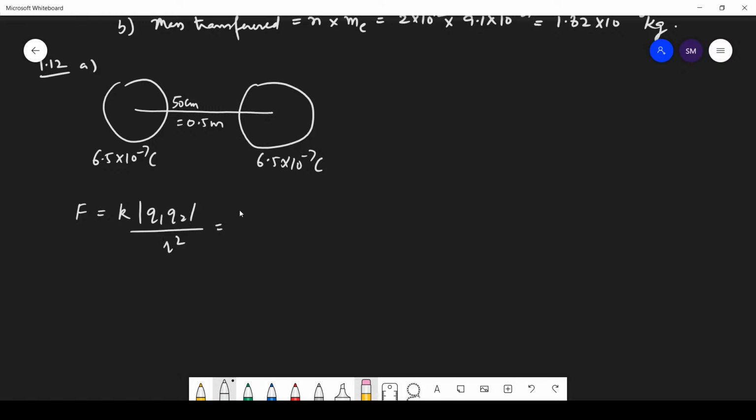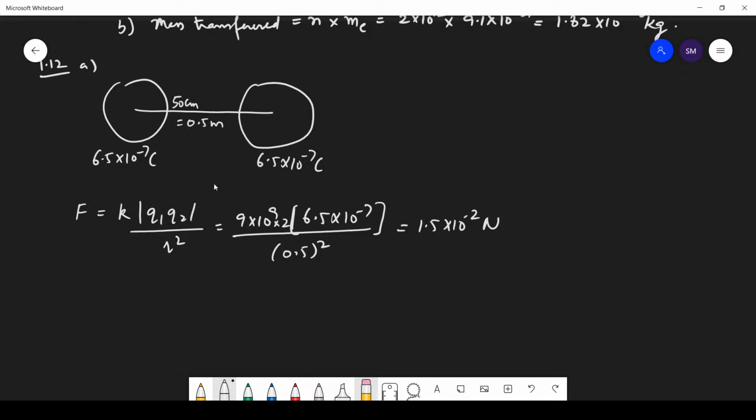So this comes out to be 9 into 10 to the power 9 into the charge 6.5 into 10 to the power minus 7, same again, so multiplied twice, divided by the distance 0.5 whole square. Students, if you calculate it, you will get 1.5 into 10 to the power minus 2 Newton. So that's the mutual force.